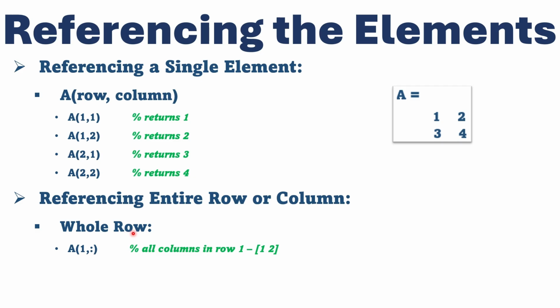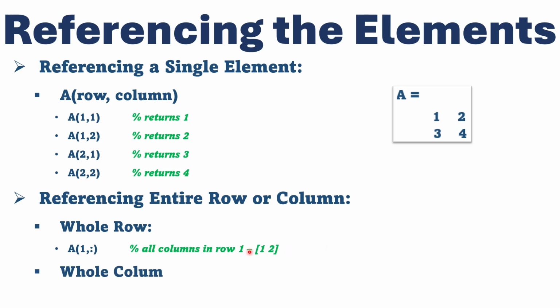That means I want all the columns in row 1. Here is row 1, I want all values here, and that is the reason if we write the syntax this way, you will get the result 1 2.